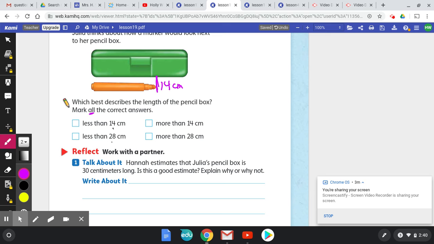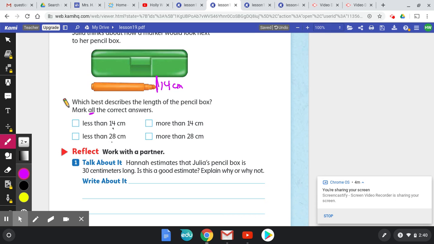Is her pencil box less than 14 centimeters? That means it would be behind this line. No. Is her pencil box less than 28? We've got to think about, well, what would be 28? I'm going to use what I know about numbers. Doubles facts. I know that if I double 14, which is 14 plus 14, that gives me 28 centimeters.